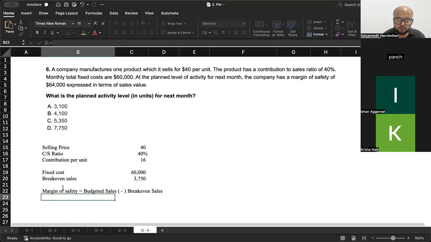Can we convert that into number of units? I think it's quite possible. Or we can keep it this way: budgeted sales minus break even sales. Break even sales means 3750 units into 40. Now tell me what are my budgeted sales?